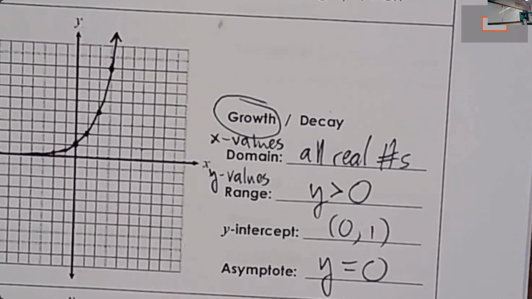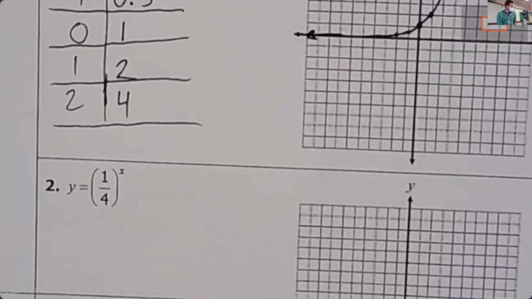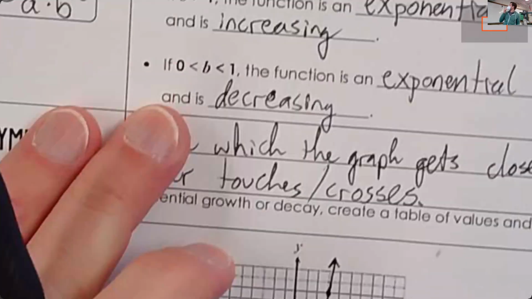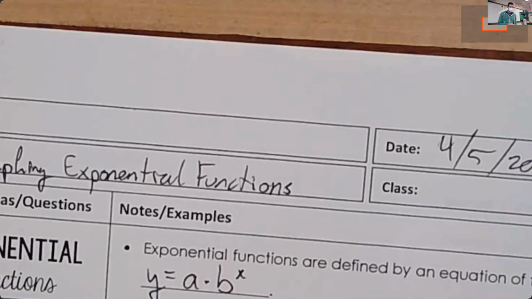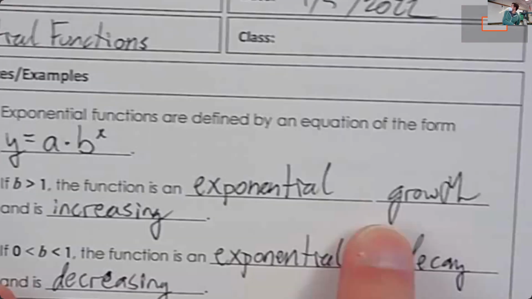All right. So let's move on down, take a look at number 2. This one says y equals (1/4) to the x power. If we go back to the beginning to figure out if this is going to be growth or decay, we said that the value of b, the number that has the exponent, if it's greater than 1, that means it's exponential growth.